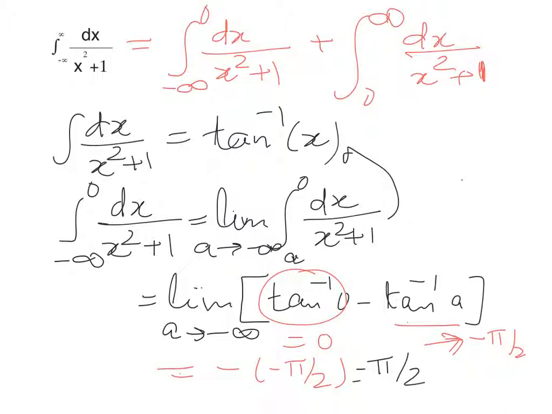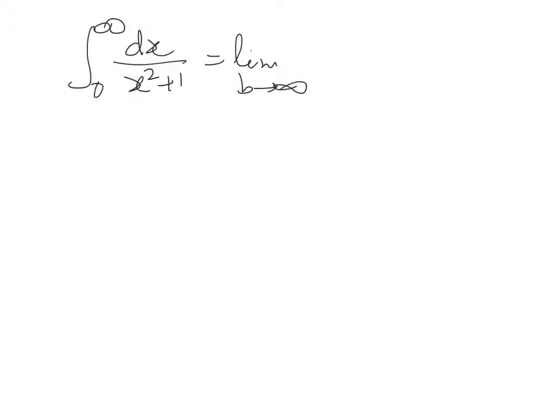We will now work on the second one similarly. The integral from 0 to infinity of dx over x squared plus 1 is the limit as b approaches infinity of tangent inverse b minus tangent inverse 0.